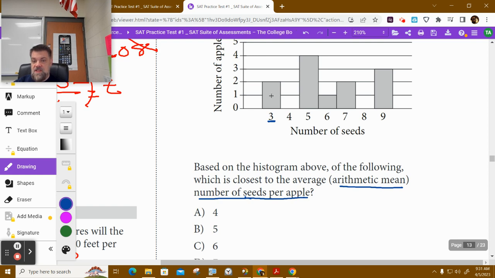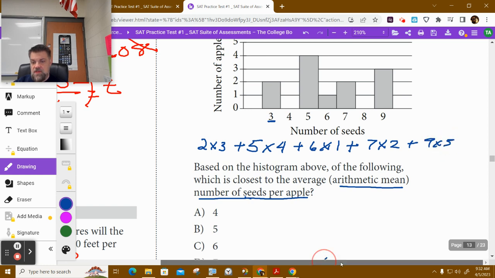So this means I'm going to have 2 times 3 plus 5 times 4 plus 6 times 1 plus 7 times 2 plus 9 times 3, okay?